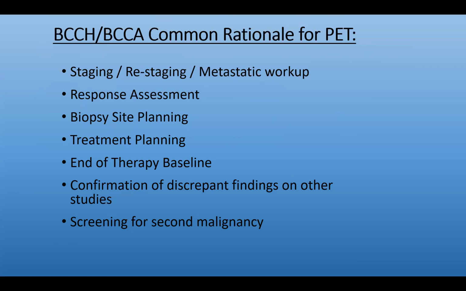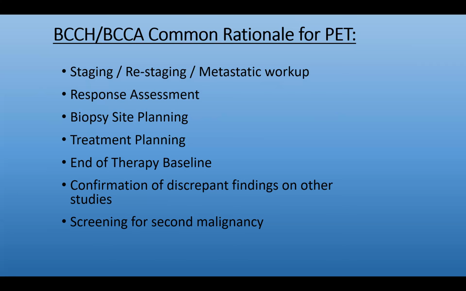They often will scan patients in PET-CT using the immobilization molds that will eventually be used to do the radiation treatment in these patients. And so they can combine the information from the PET-CT and use that when they're irradiating the patient. PET can also be used for end of therapy baselines.